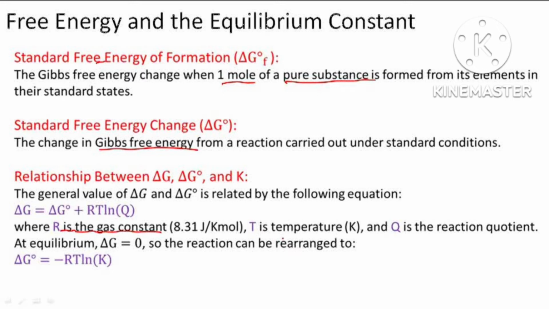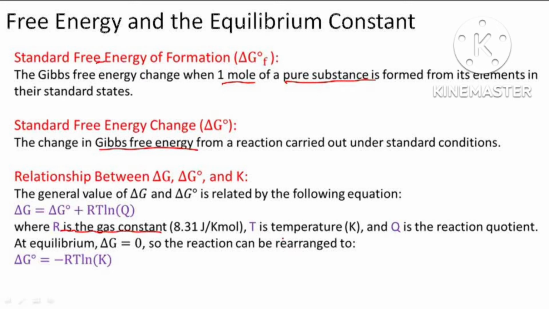For example, if delta H is negative and delta S is positive, then delta G will be negative.